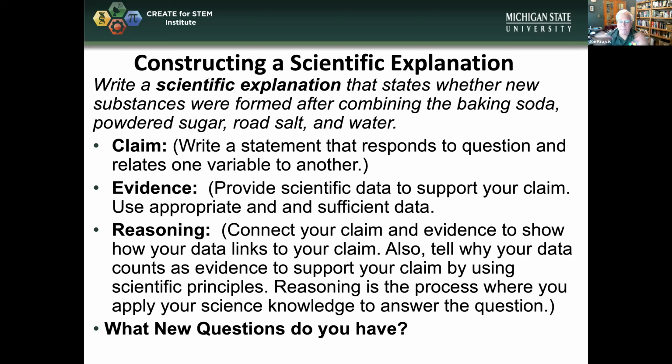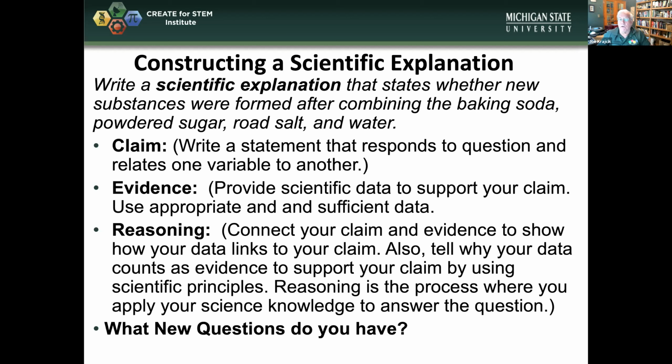The second part is evidence. Evidence is your data in support of the claim. There could be some irrelevant data that might not be valuable, but it's the data that really supports the claim you're trying to make. So it needs to be appropriate, but also sufficient. And then there's reasoning. Reasoning is probably the hardest aspect of any scientific explanation.